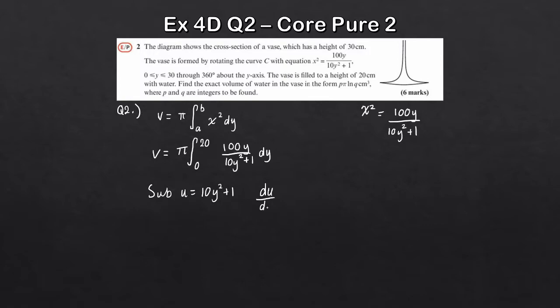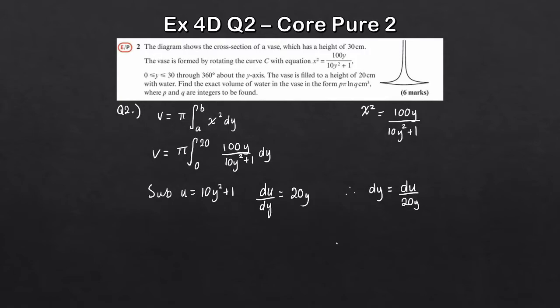We'd get du by dy, and that would be 10 times 2, 20. Take 1 off the power, so I get 20y. The 1 would just go to 0, so we'll just get left with 20y. So what we can do is work out dy as being du divided by 20y. Like so. Okay, so that's all quite nice so far.